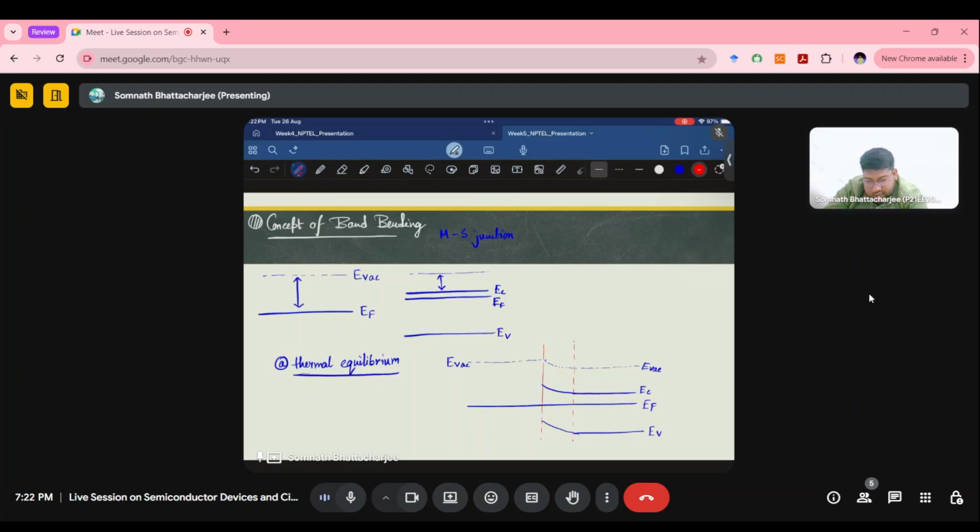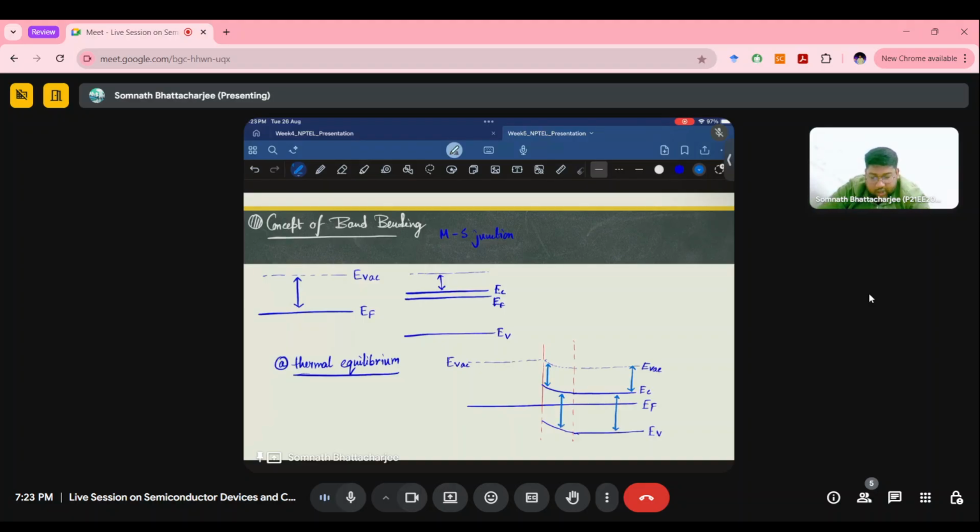To understand this clearly, we know this is constant, and the same thing is here as well. Wherever there is a bending in the band, the vacuum level also bends there for the semiconducting layer. And this distance is Eg, the band gap. This is also the same in this case.